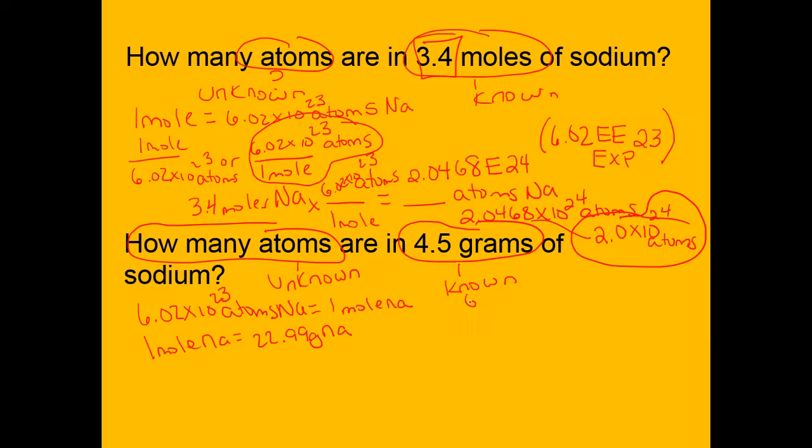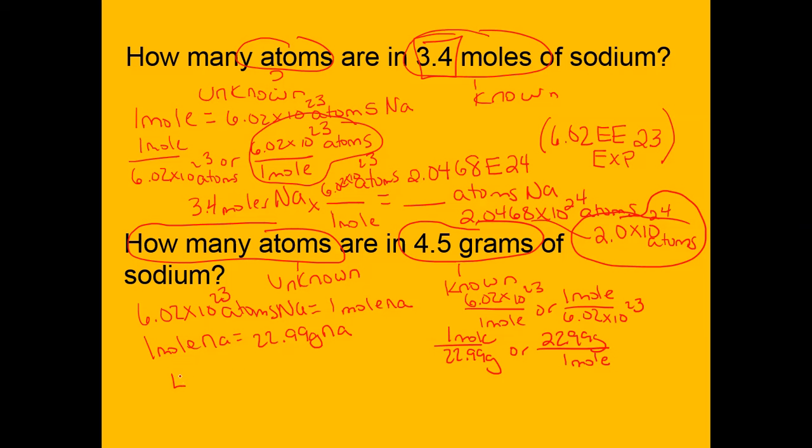We can even write them out as conversion factors. So 6.02 times 10 to the 23rd over 1 mole, or 1 mole over 6.02 times 10 to the 23rd. And then we've also got our mass, so 1 mole over our molar mass, which is 22.99 grams, or 22.99 grams over 1 mole.